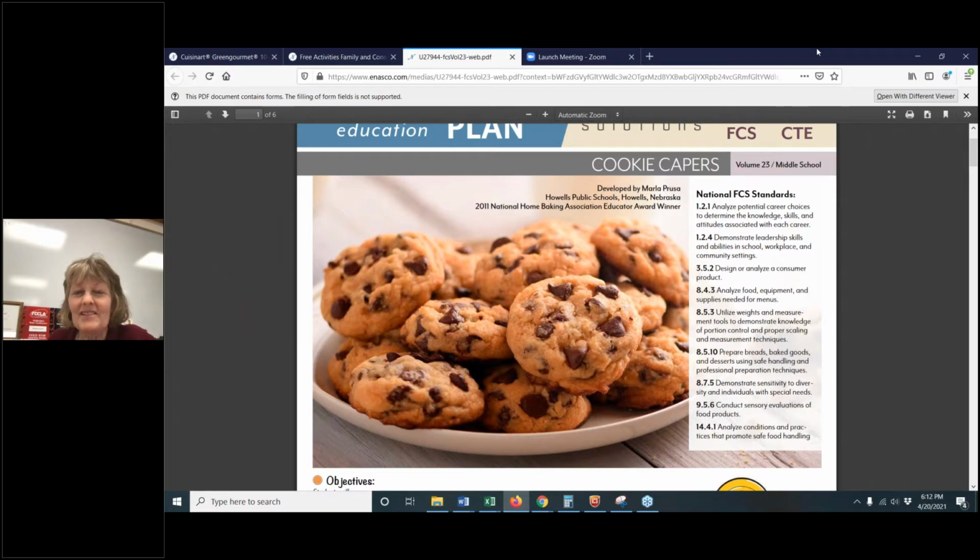But Cookie Capers came about because our community was getting ready to celebrate its 125th anniversary, and they wanted to raise money. One of the things they decided to do was have a cookie and candy sale before Christmas, and they asked if my students would like to help make cookies or some candies and treats to go along with that.